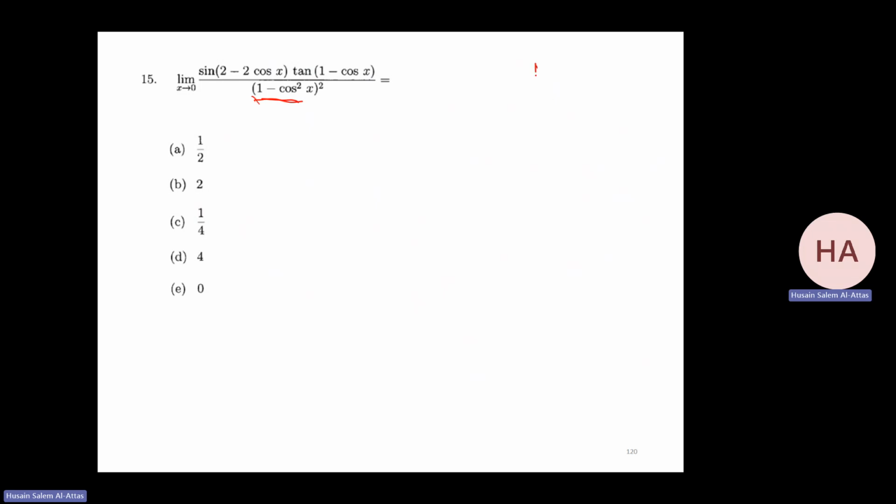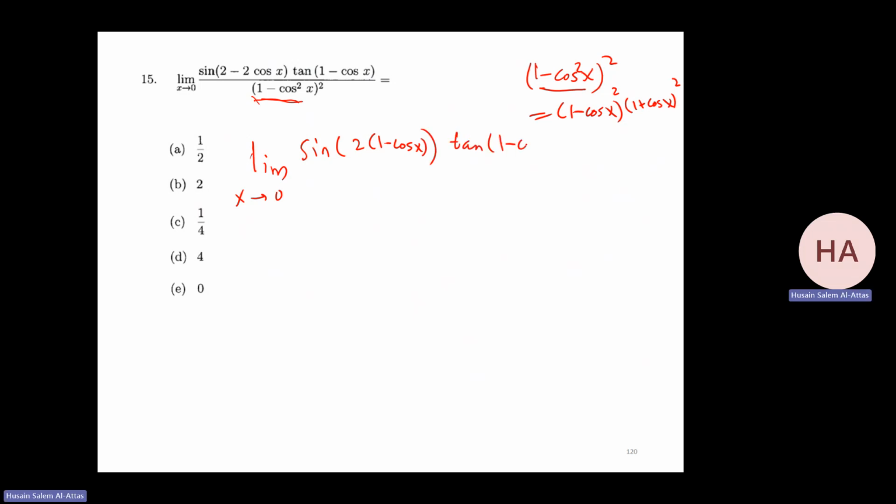Look at this one. Let me simplify this. All squared. This is 1 minus cosine x times 1 plus cosine x, all squared. So I have the limit as x goes to 0 of sine of 2 times 1 minus cosine x, tan of 1 minus cosine x, over 1 minus cosine x.